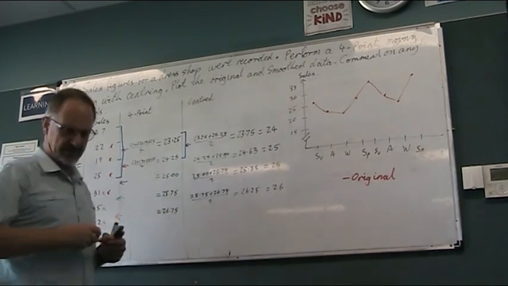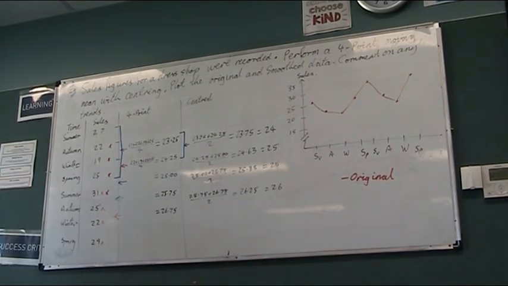Our original data goes up and down like that. A bit tricky to figure out what's what.